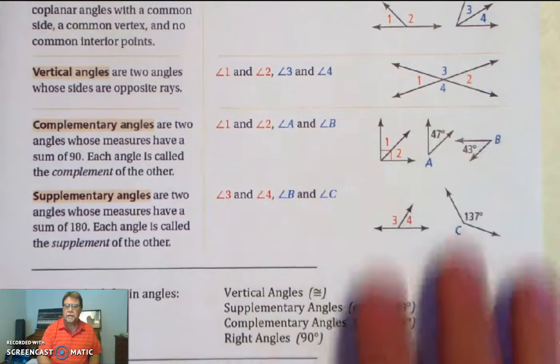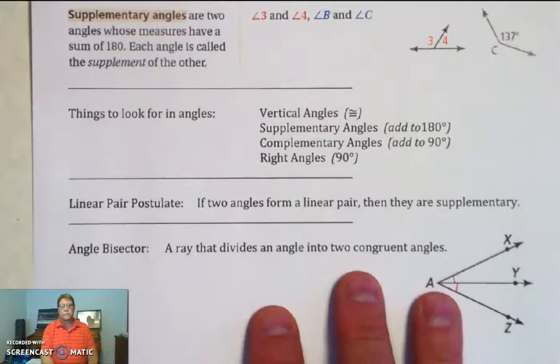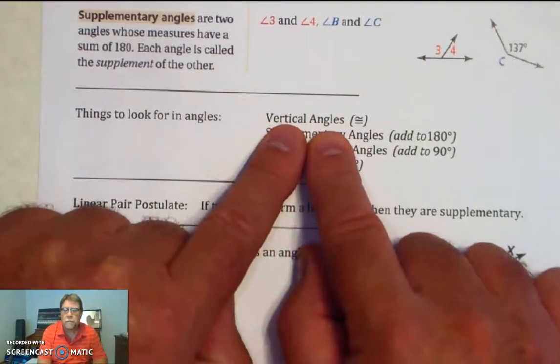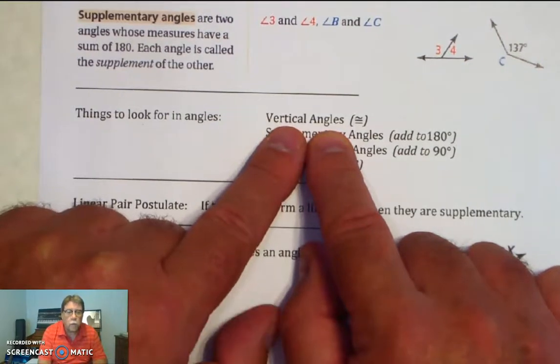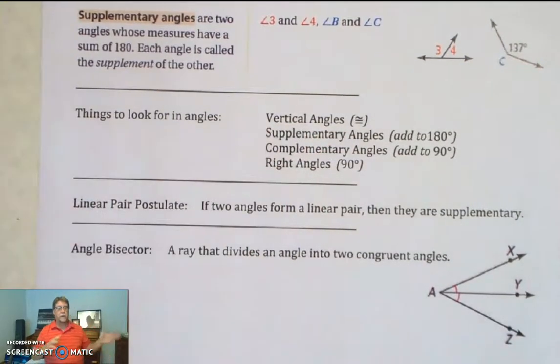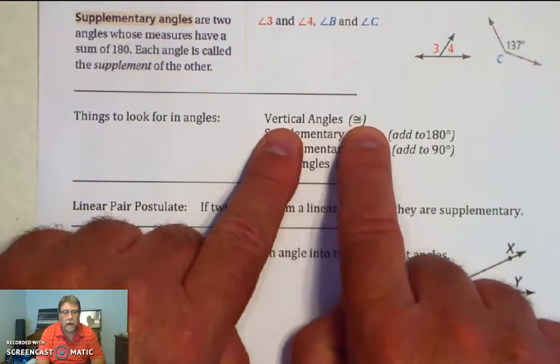So as you're looking at diagrams, there are certain things that I'd like you to look for in these diagrams. First of all, and most importantly, I think it's important to look for vertical angles. We don't tell you that angles are congruent sometimes, so you have to figure out on your own what might be congruent or some information in a diagram that's not given to you. So vertical angles are a great way to find a couple of congruent angles.